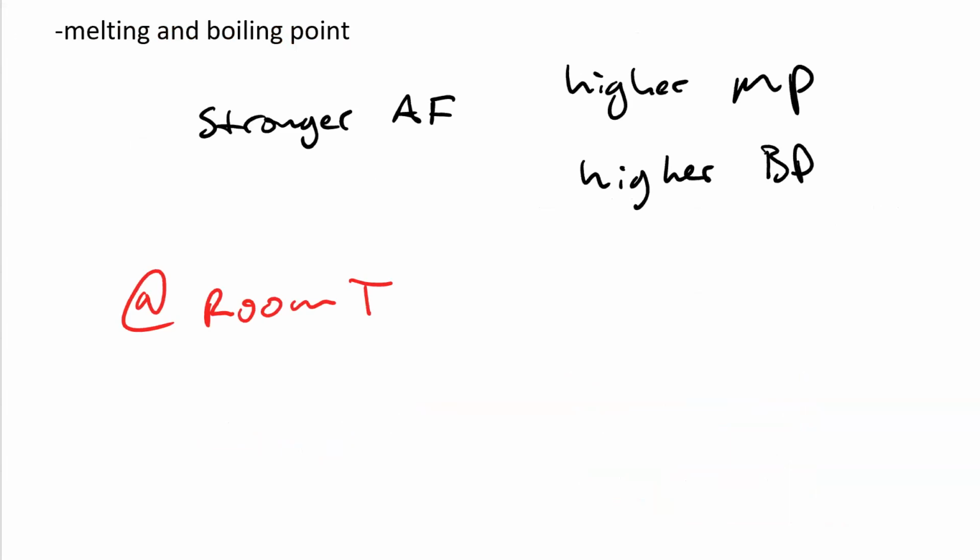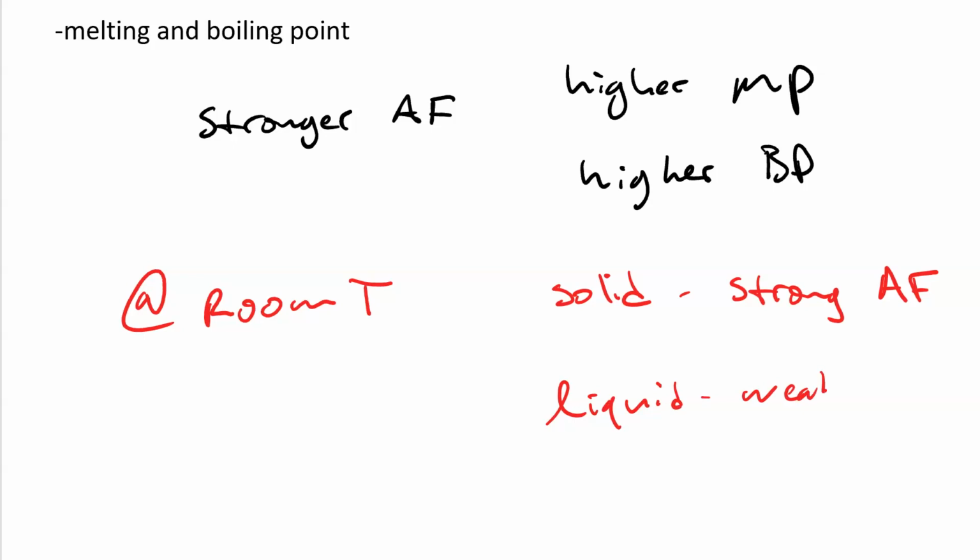So if you consider substances at room temperature, say your substance is a solid, that has a really strong attractive force because room temperature means a fair amount of thermal energy. If you have a liquid, that's a weaker attractive force, right?